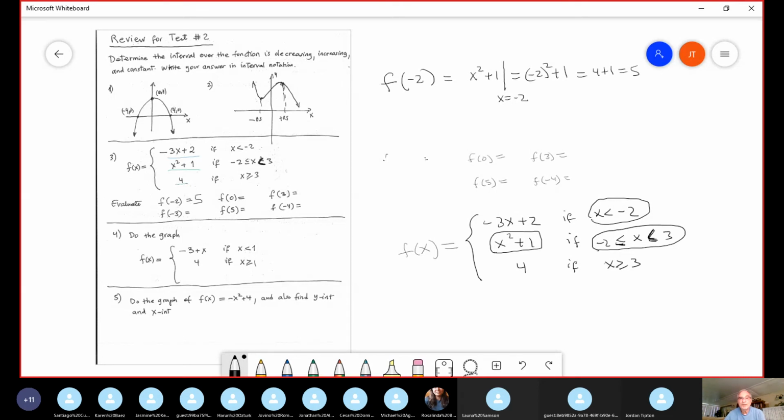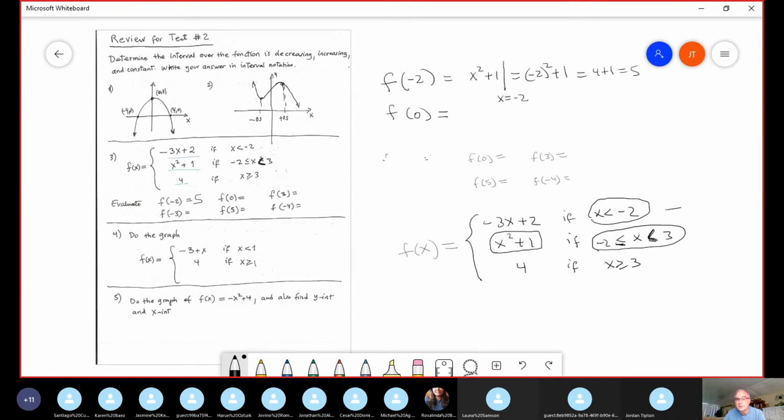Okay, let's evaluate now at 0. 0 is the second, no? Let's move on in that direction. Negative 2, 0, 3, negative 3, 5, negative 4. 0 belongs to what interval?